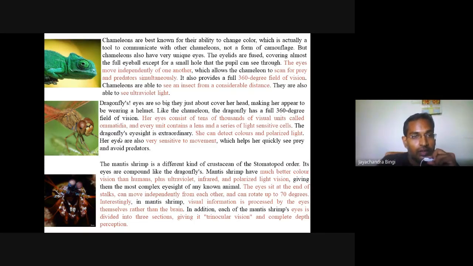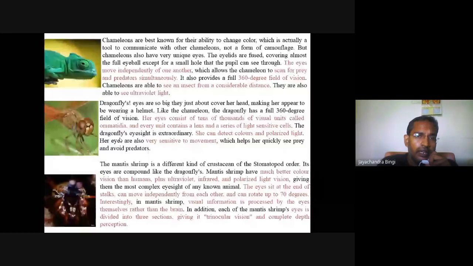I think recently we are introducing that in automobiles also. Both eyes are independent and can move independently. That is the reason it gets that 360-degree coverage, as well as being able to hunt its prey and get protected from predators.